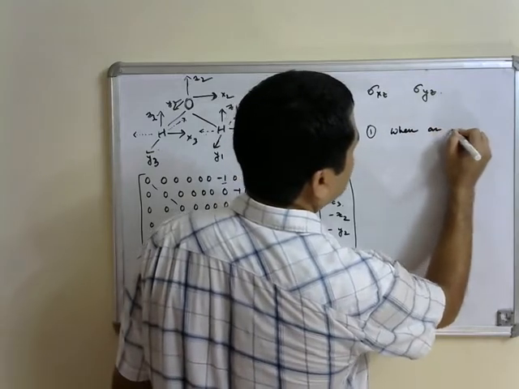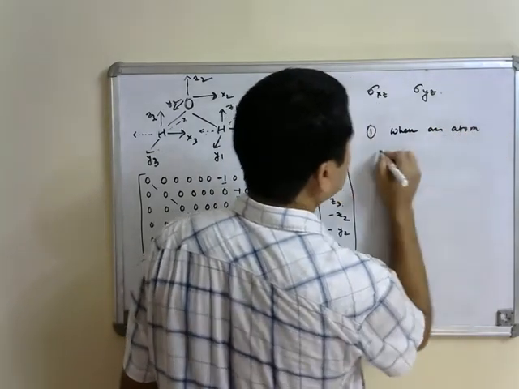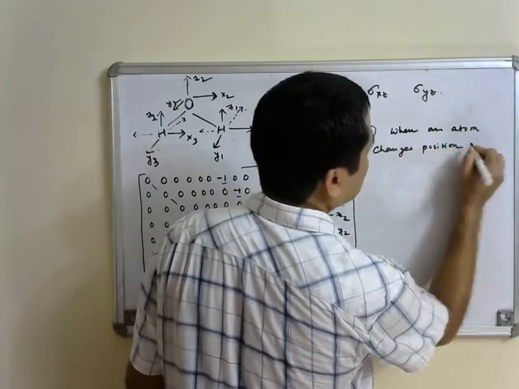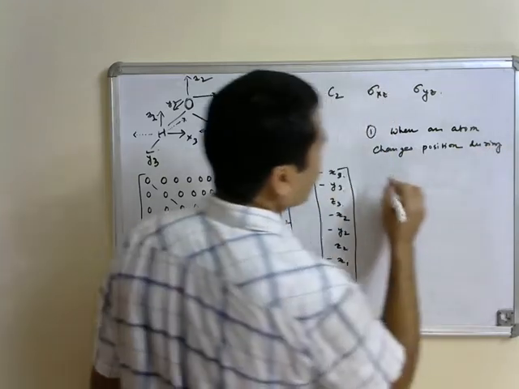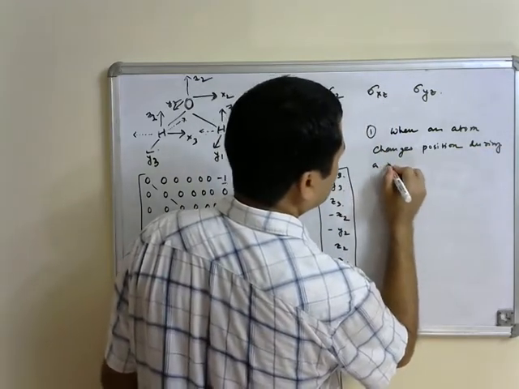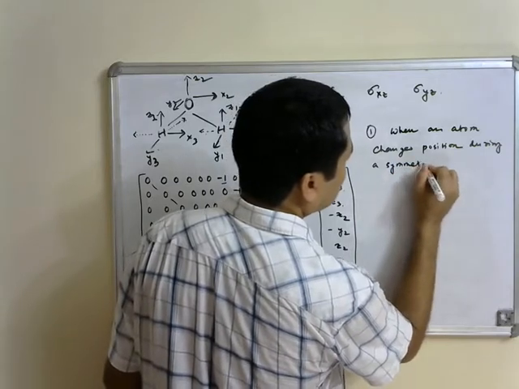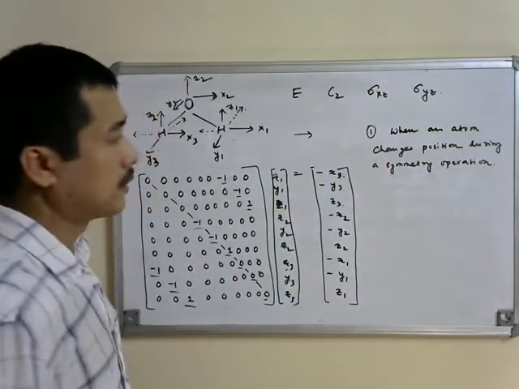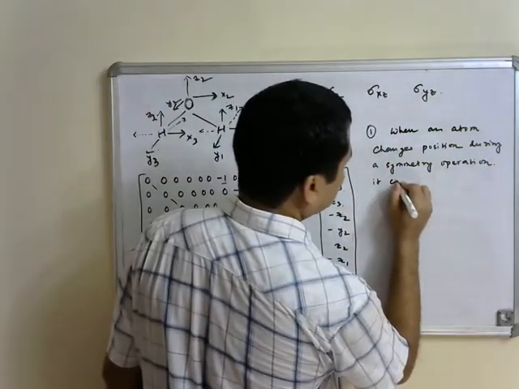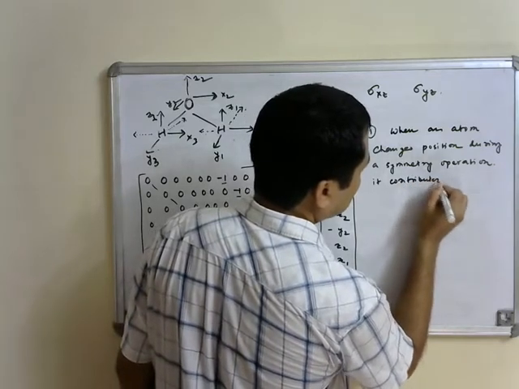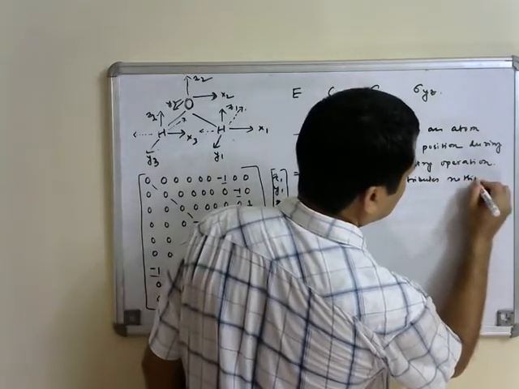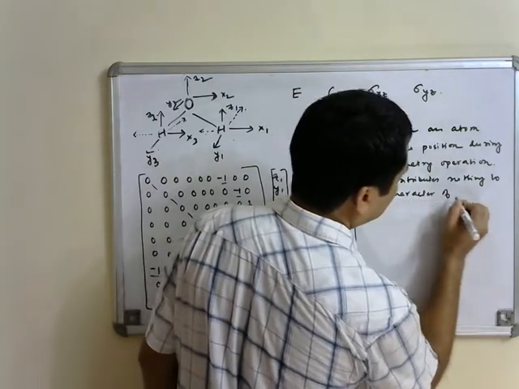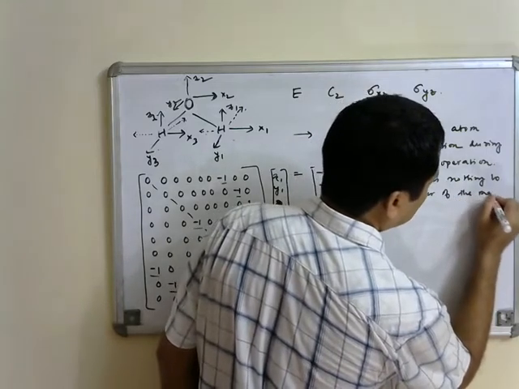So we have learned a very important lesson over here that when an atom changes position during a symmetry operation, it contributes nothing to the character of the matrix representation.